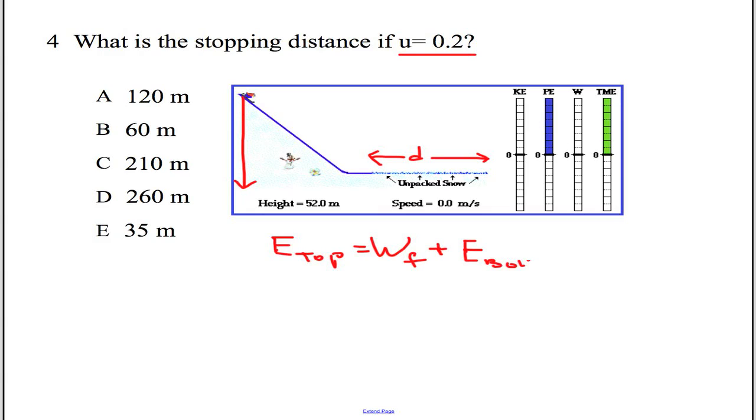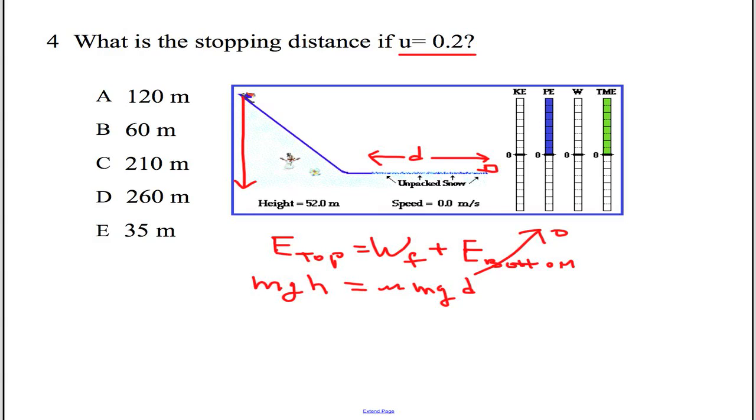But the energy at the bottom, once you get to the very end here, is zero. So all the energy you had in the beginning, which is mgh, went to the work done by friction. Of course, the work done by friction is equal to mu times the normal force, which is mg in this case, times the stopping distance, which is what you're looking for.